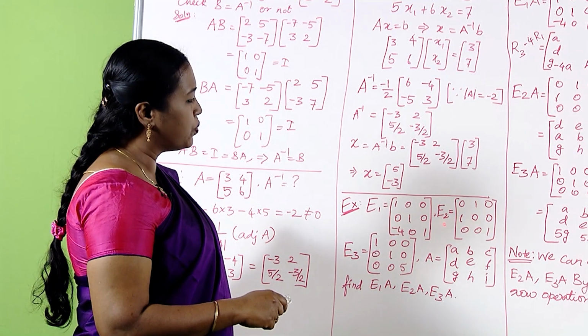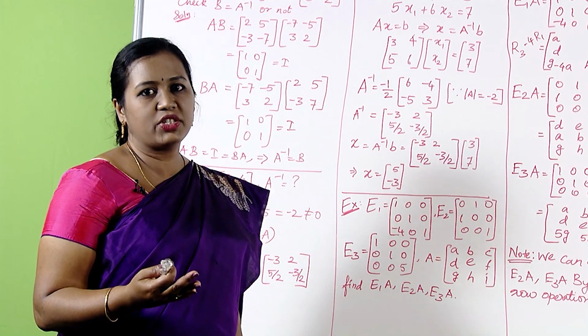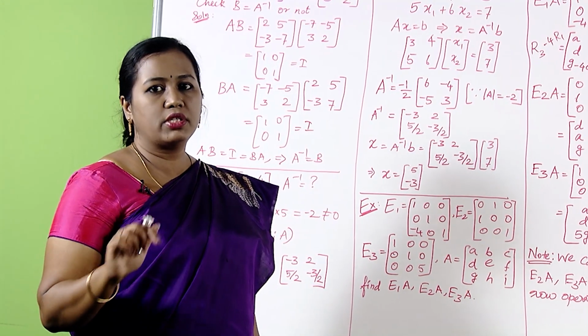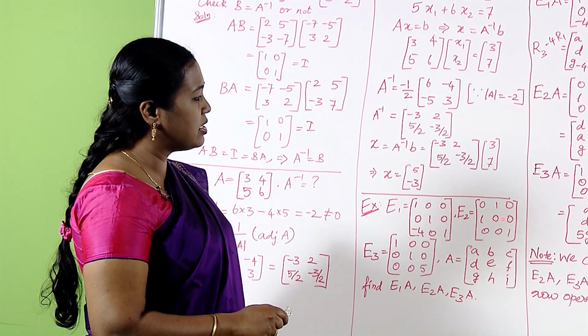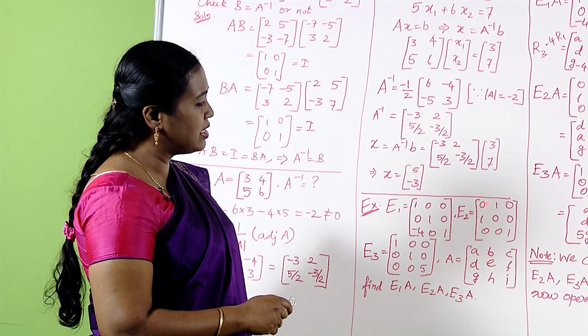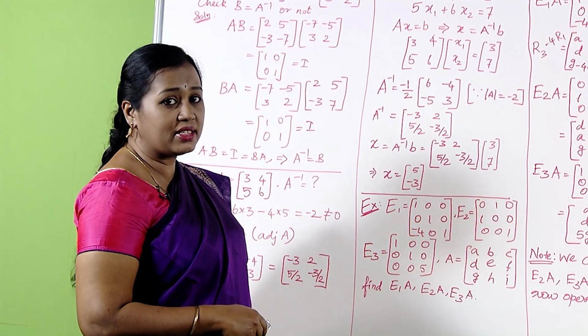What about E2? Usually the 3 cross 3 identity matrix is 1 0 0, 0 1 0, 0 0 1, right, but here what do I have? 0 1 0, 1 0 0, 0 0 1. Surely you can see that this has to be the second row and this was the first row in the identity matrix.